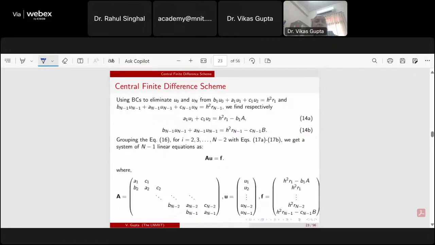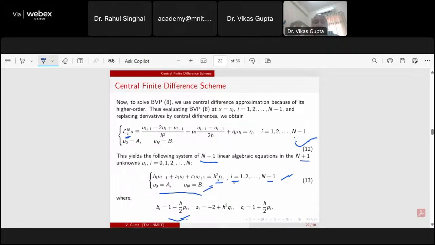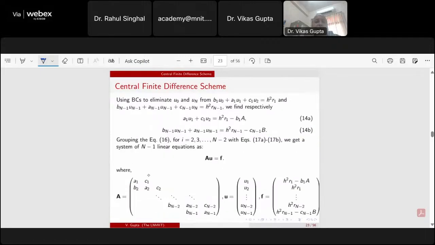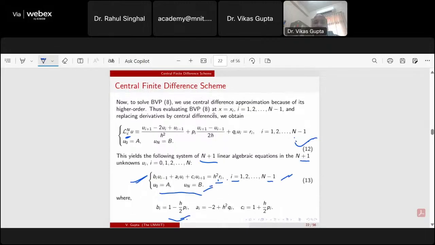So now using the boundary conditions to eliminate u0 and un from b1 u0 plus a1 u1 plus c1 u2 equal to h square r1, which corresponds to i equal to 1, and bn minus 1 un minus 2 plus an minus 1 un minus 1 plus cn minus 1 un equal to h square rn minus 1, which corresponds to i equal to n minus 1.